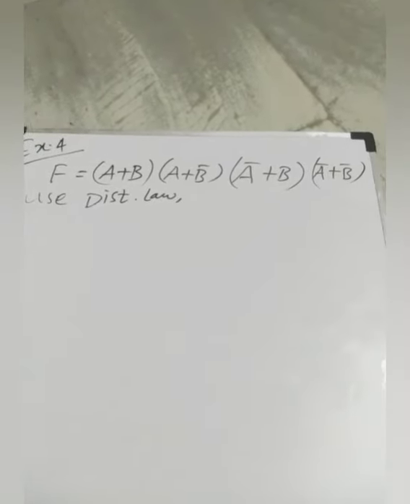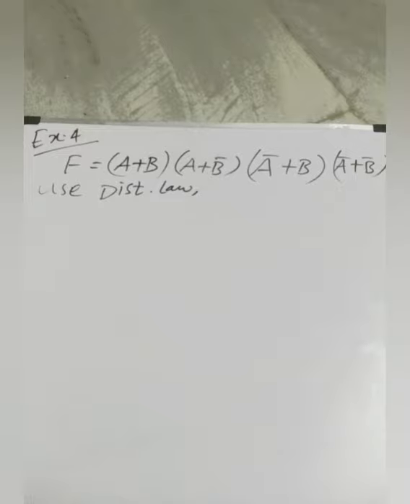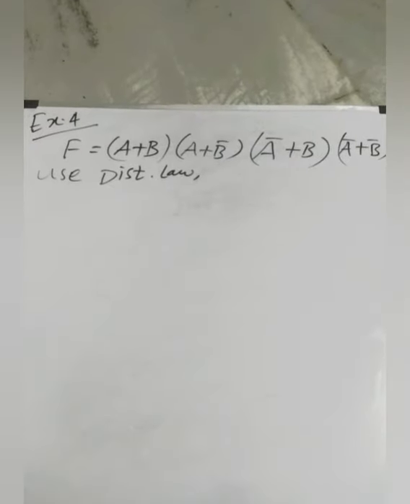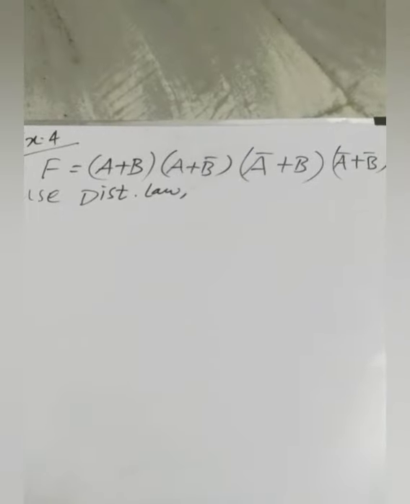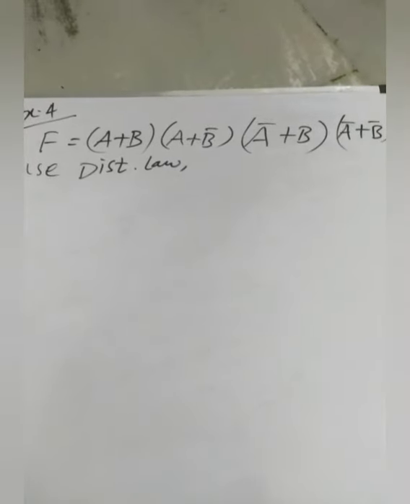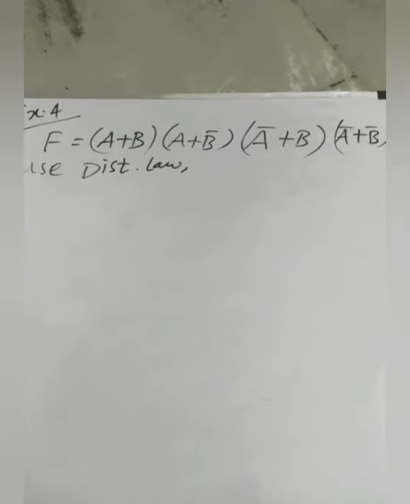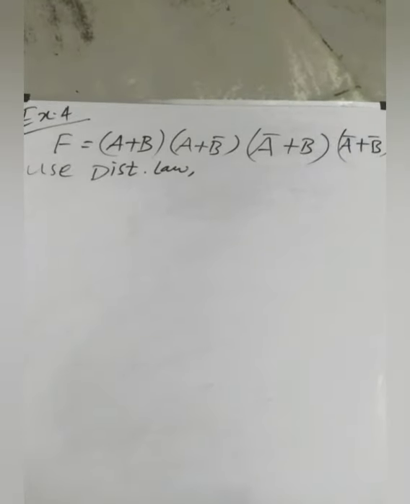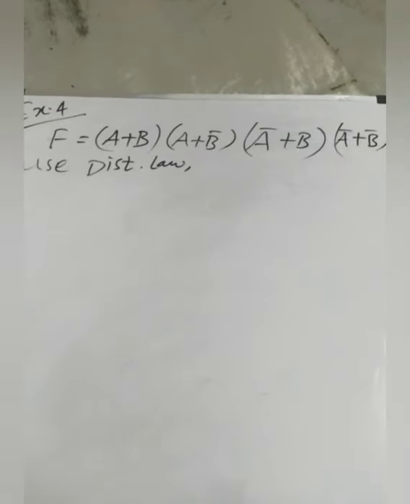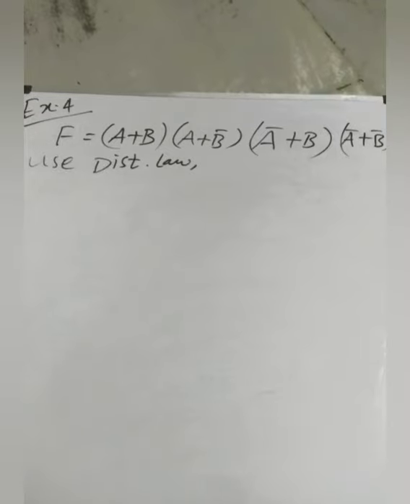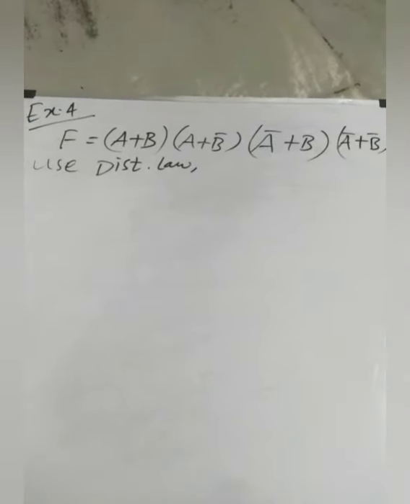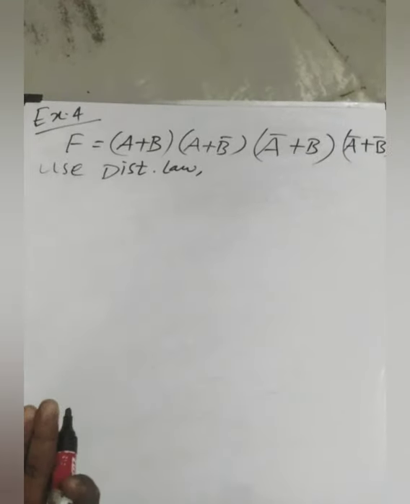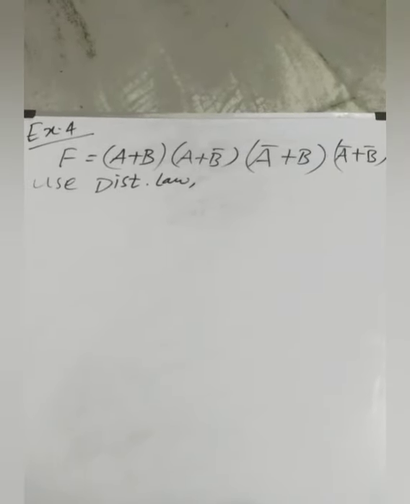Then we'll move to the AND operation. Even using AND rules we couldn't simplify this expression. Then finally we have to simplify this expression using only OR rules. So for applying the OR rule or some other rules, we have to think about it, and here we can use the distributive law.